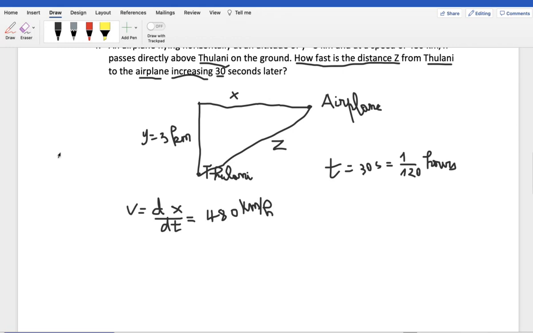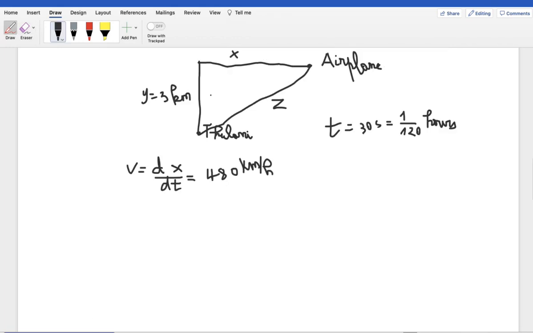So if we use the Pythagoras theorem, that tells us that x squared plus y squared is equal to z squared, right?